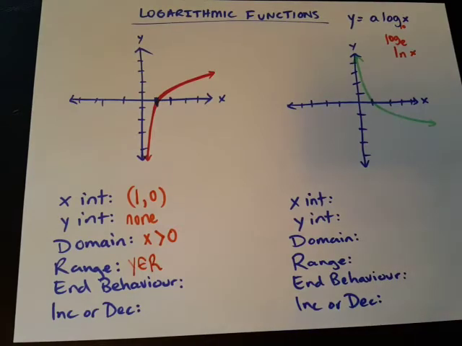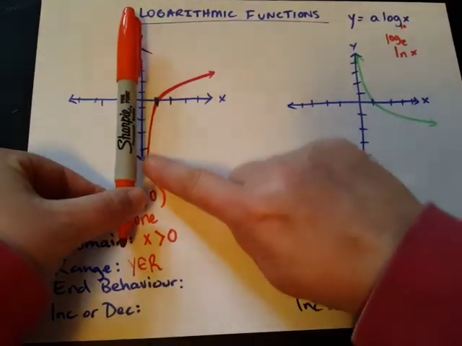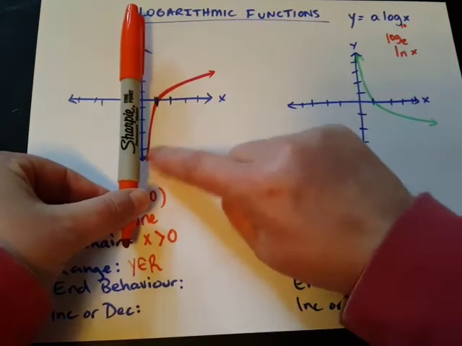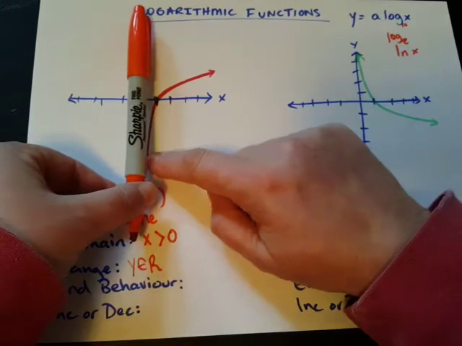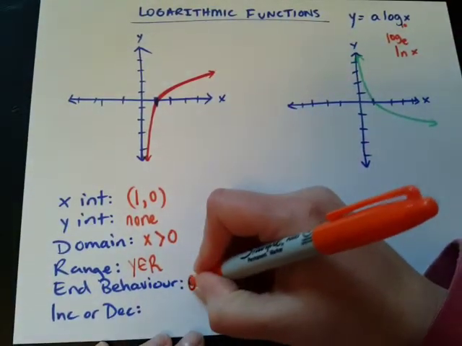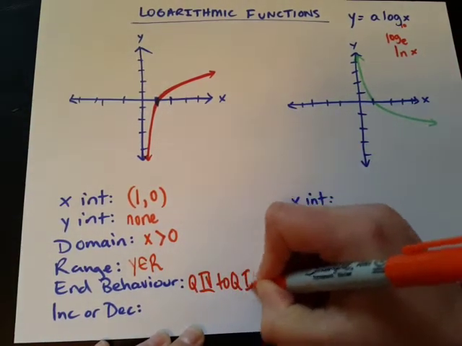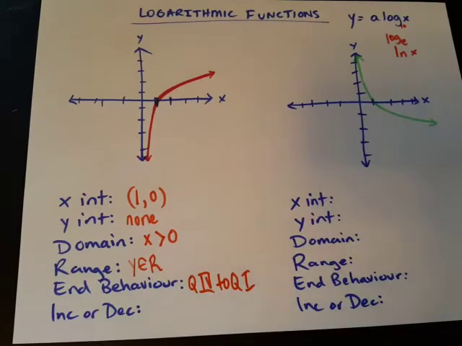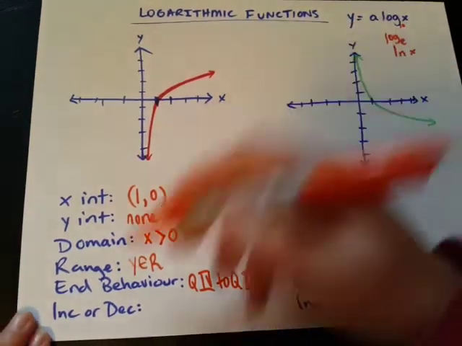If we look at the end behavior and we go from left to right, we're going to meet this function first here in quadrant 4. So from left to right, we meet it here in 4, and we're going to leave it in 1. And is this an increasing function or a decreasing function? We would say that as x gets bigger, y gets bigger.